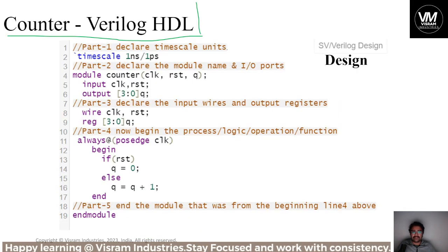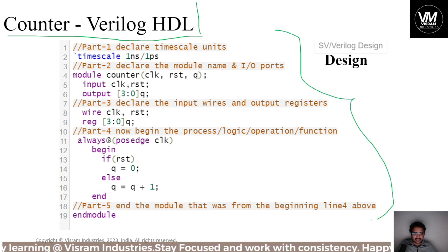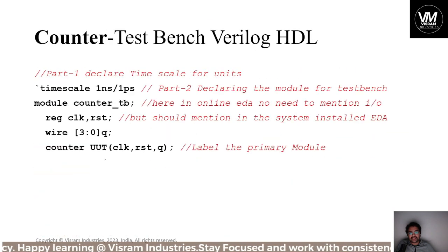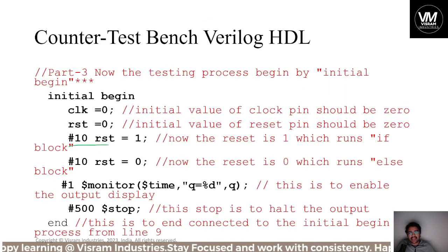Now the counter. This is the design file, and I have kept the screenshot of this counter from the EDA Playground environment. Credits to those people. Go through each line of the Verilog HDL code. You have seen the counter design many times. Part 1 declares the timescale units, because in the test bench we are writing #10, #1, #500.